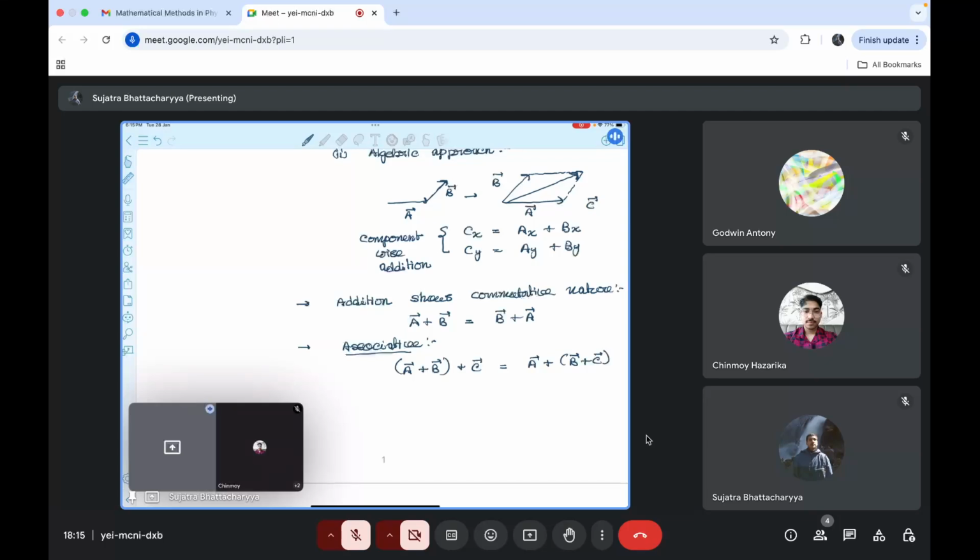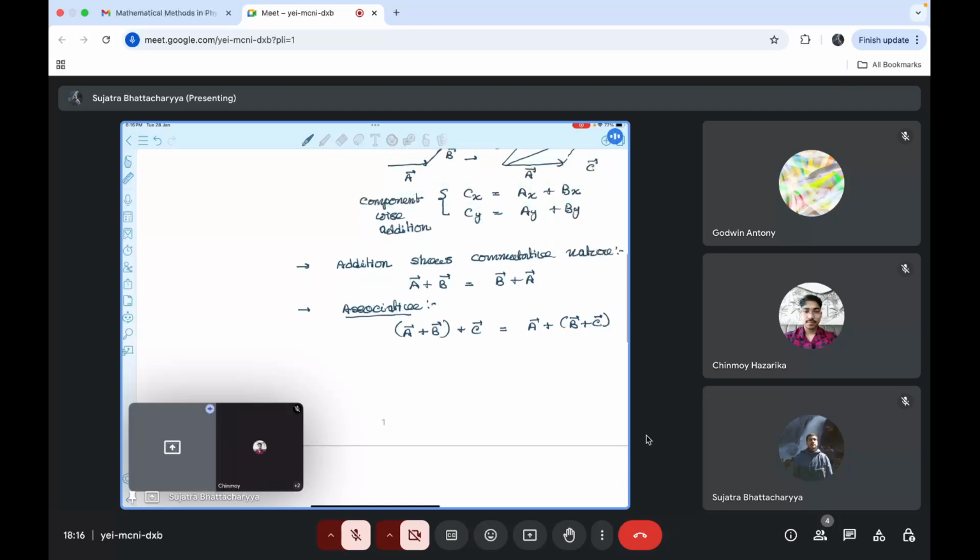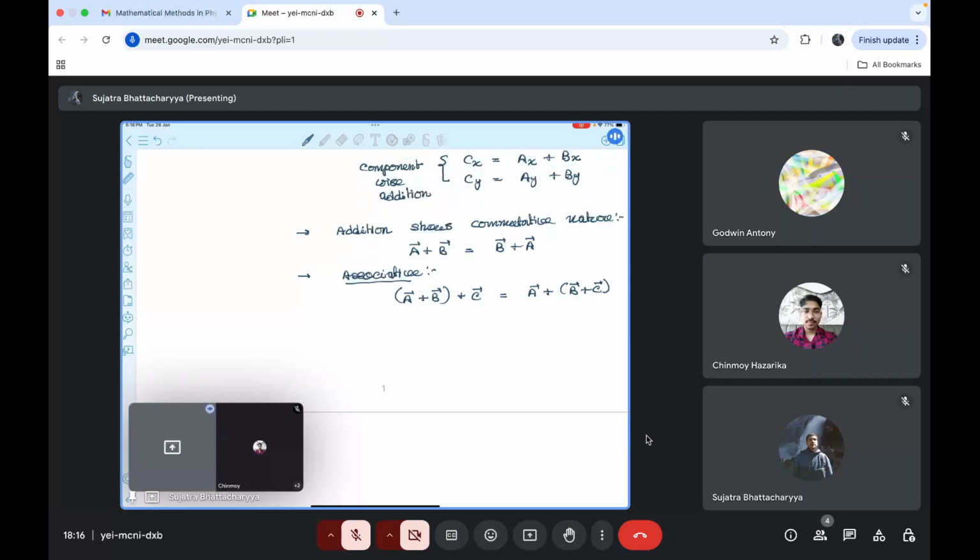This is called the associative nature. We have seen in real numbers in very early school that this kind of property is generally used. The same thing can be applied to vectors. So these two important natures, the vector addition follows: one is the commutative nature, another is the associative nature. And we have seen two kinds of addition of vectors: one is component-wise addition, another is the geometric approach of the triangle law of vector addition.